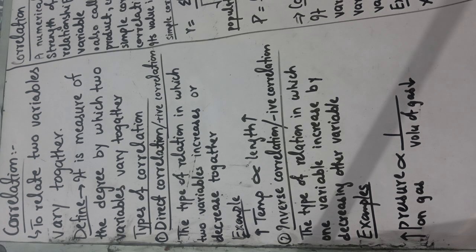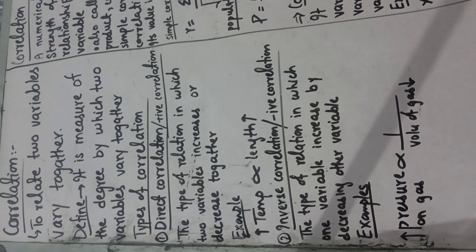Both of these variables are increasing together. It means both of these variables have a direct correlation or a direct relationship between them. Similarly, you can assume an example in which two things are decreasing together. So these are the examples of direct correlation.